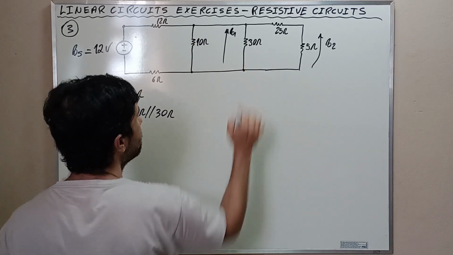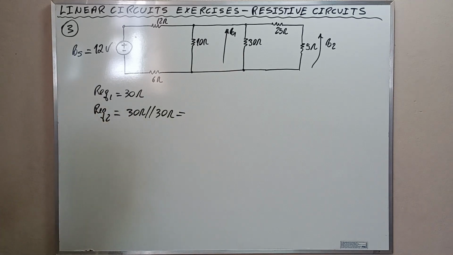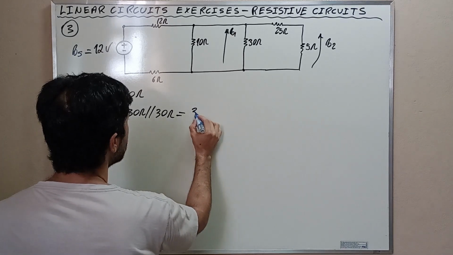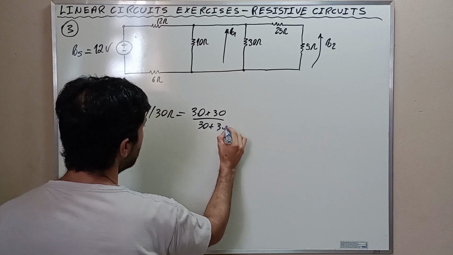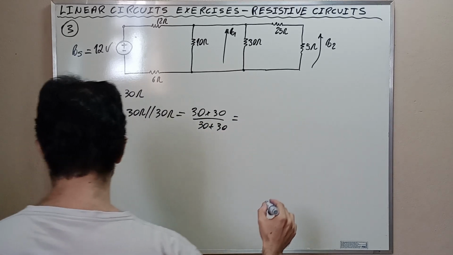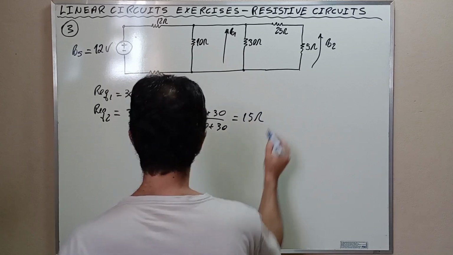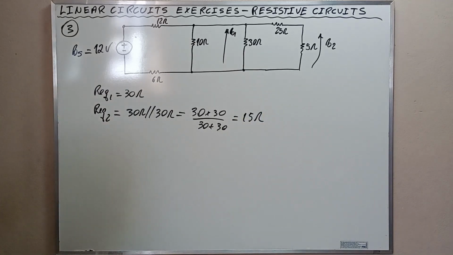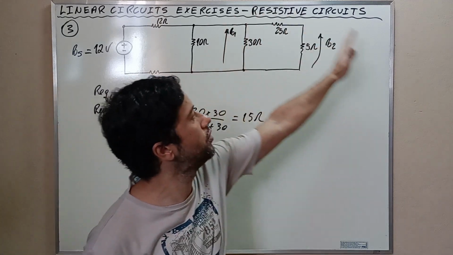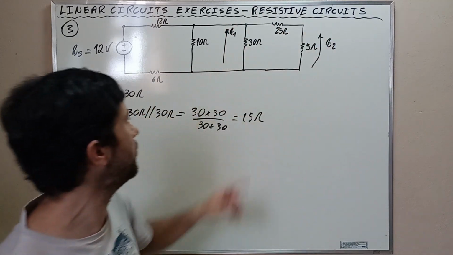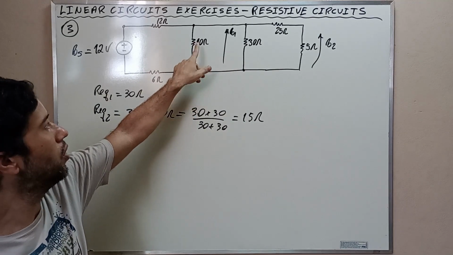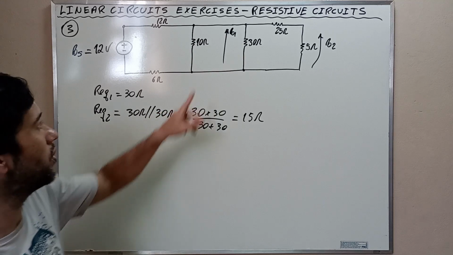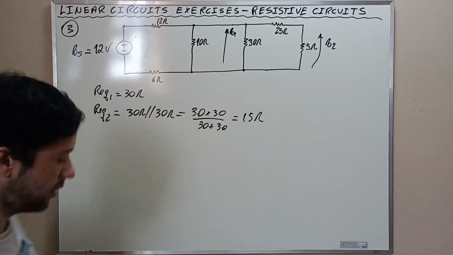with this resistance here. And how do we calculate the parallel combination of two resistances? It's the product over the sum. And this is equal to 15 ohms. Alright, my friends, and we replace all these by 15 ohms, and this 15 ohms is going to be in parallel with this 10 ohms.